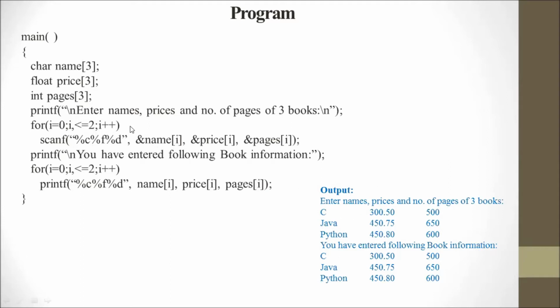The first loop stores the data: enter the name, price, and number of pages of three books. So we put in the three books' data, and the next loop will print the data which was entered.